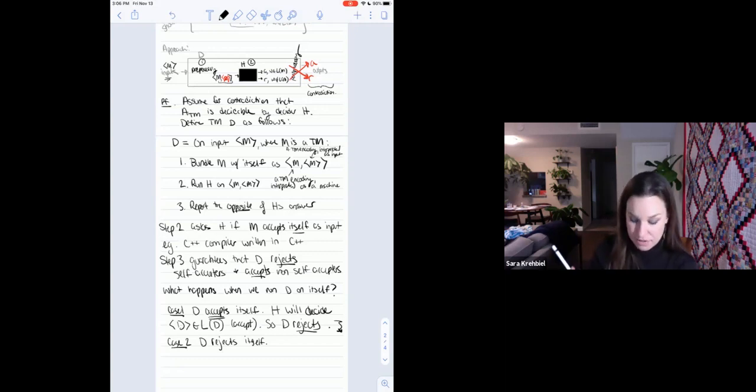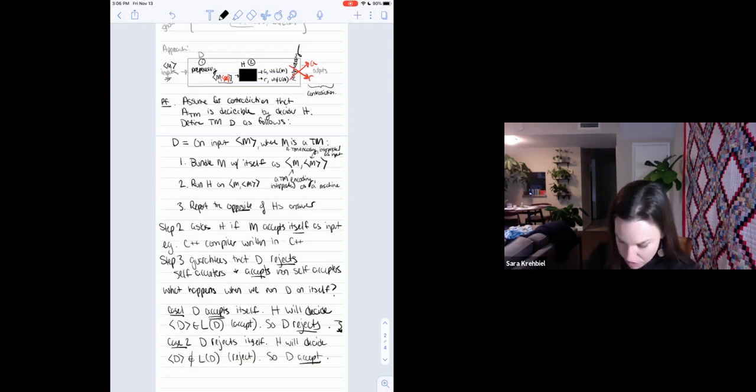On the flip side, if D decides to reject itself, then H will decide that D is not in the language of D, because that's what it means to be rejected. Then H will reject. And so D will flip that decision and accept.